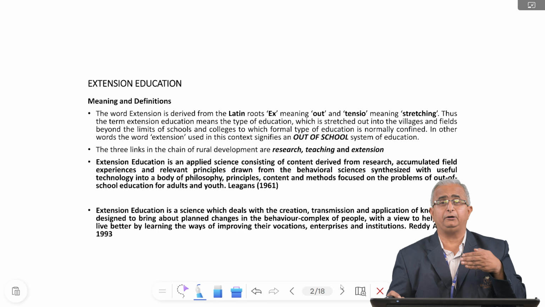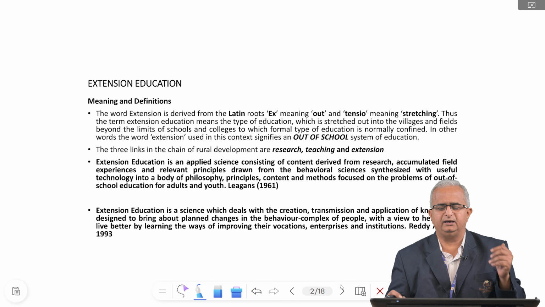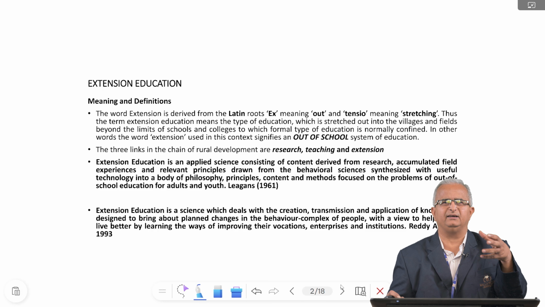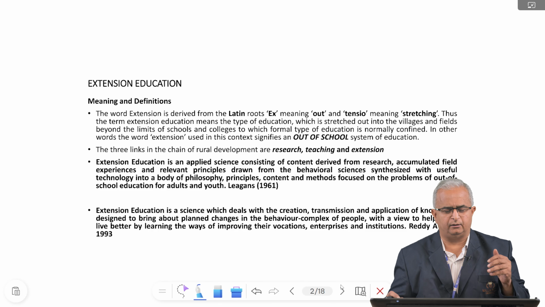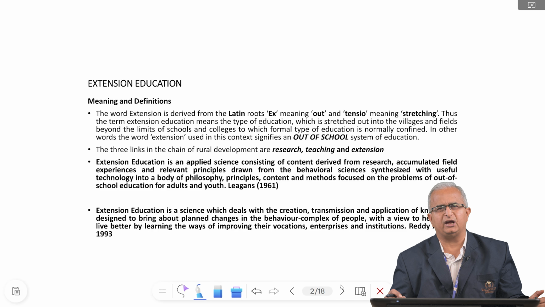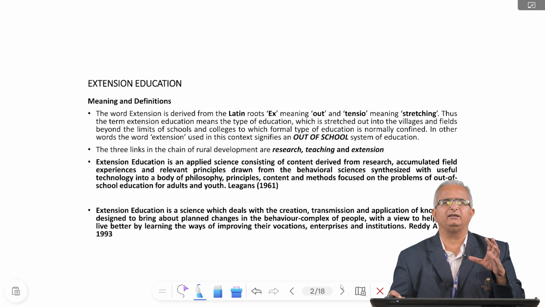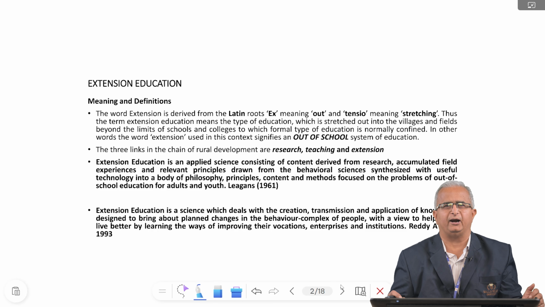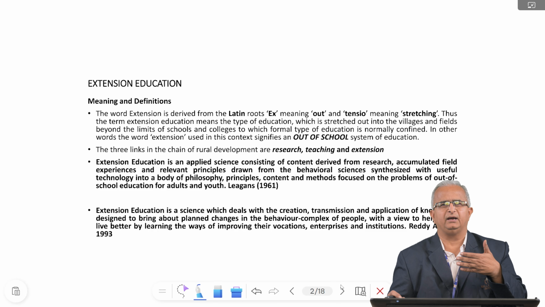We try to make those planned changes in the behavior of the people, and why we are doing that is to help them live better by learning the ways of improving their vocations, enterprises and institutions. Here, learning is nothing but a progressive behavioral adaptation. Each and every one of us learns many things slowly, step by step, through progressive behavioral adaptation.